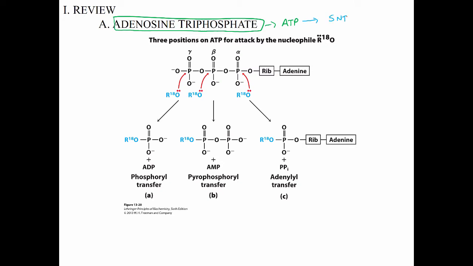I would hope that you have talked about nucleotide triphosphates and what exactly nucleotides are. So a nucleotide is any molecule that has a phosphate moiety that's connected to a ribose sugar, and then that ribose sugar is connected to a base.